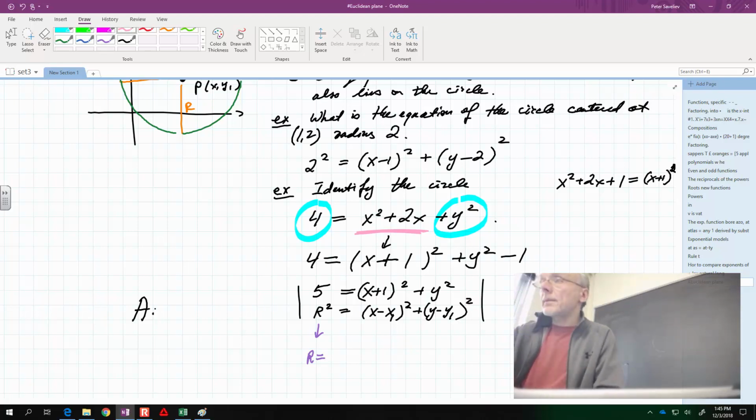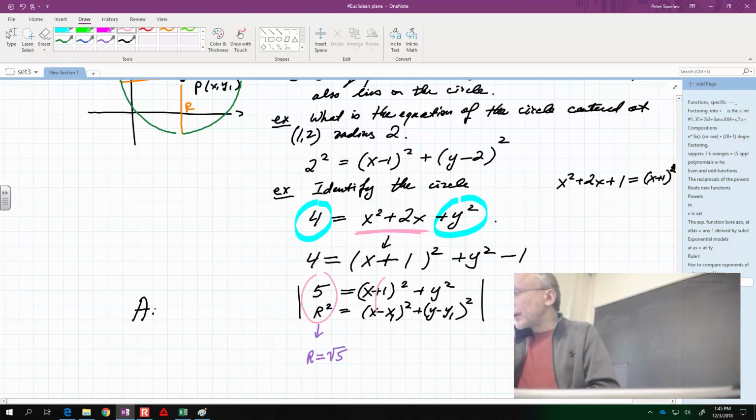Match it up. Almost. R squared is 5. R is square root of 5. Okay. Then we match up over here.